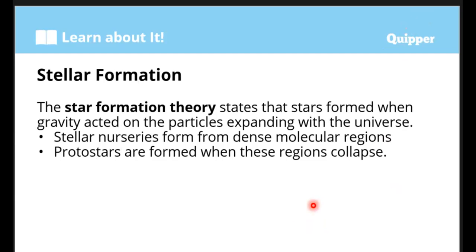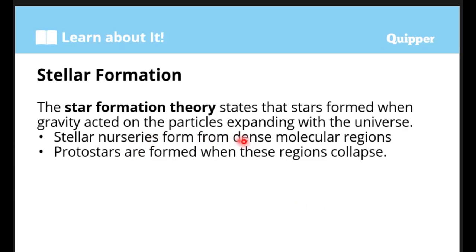But when this particular element, beryllium, is acted on by gravity, stars are formed. And this formation of the stars is what we now call stellar formation. This is the theory that explains how stars are formed.